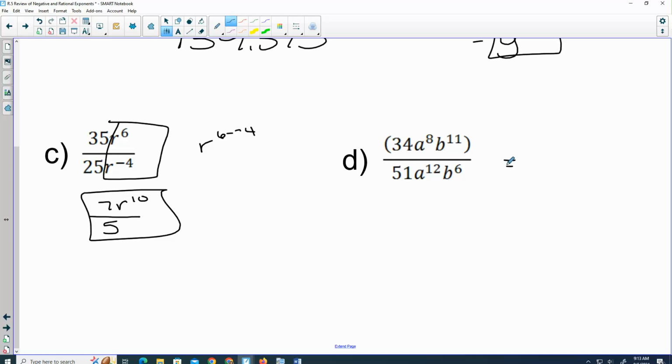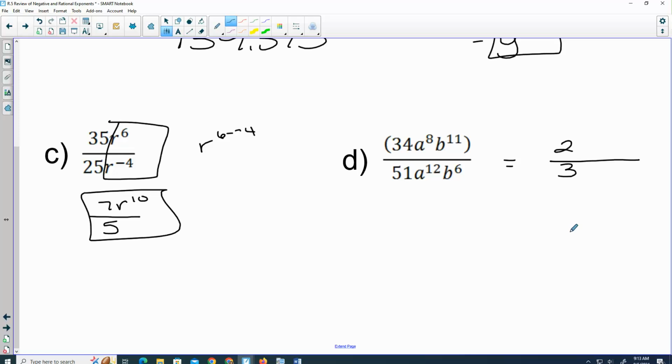D. 34 and 51. Do those reduce? Alright. My a's.